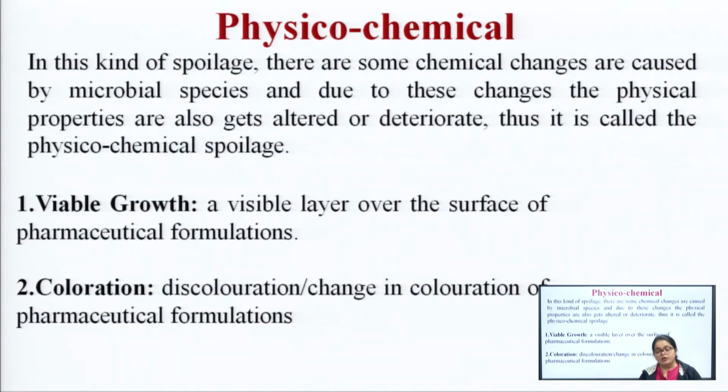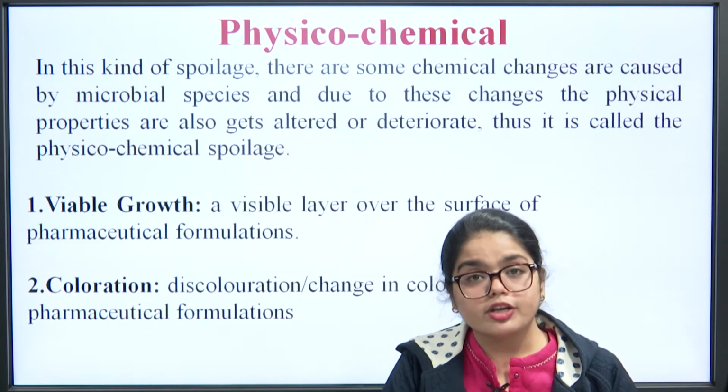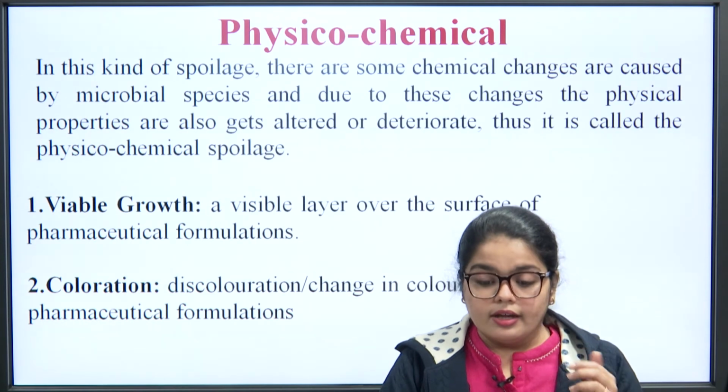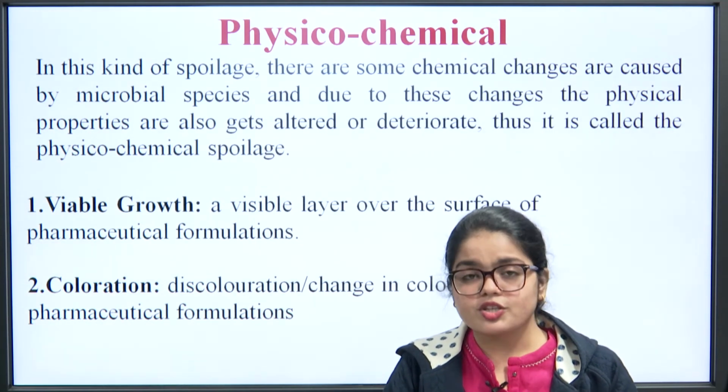So, what is physico-chemical microbial spoilage? In this kind of spoilage, some chemical changes are caused by microbial species, and due to these chemical changes, the physical properties also get altered and deteriorated. Like a syrup of light orange color. When microbial spoilage occurs, the syrup may develop some kind of turbid substance in it.